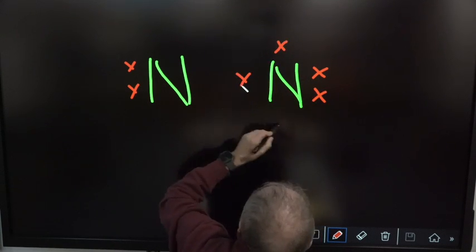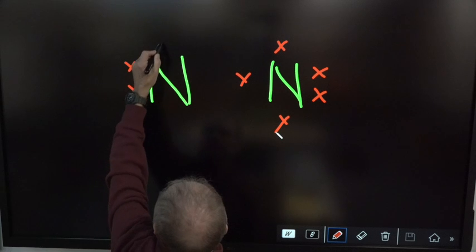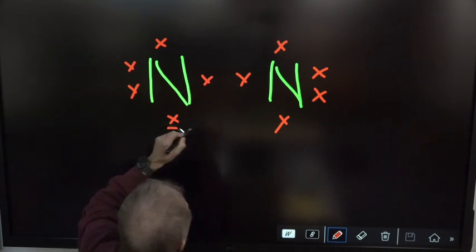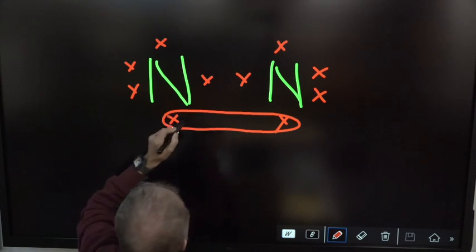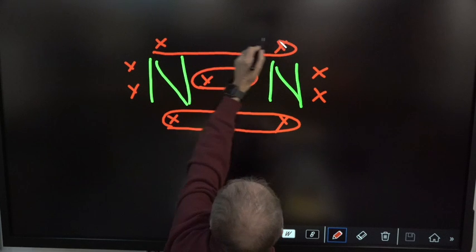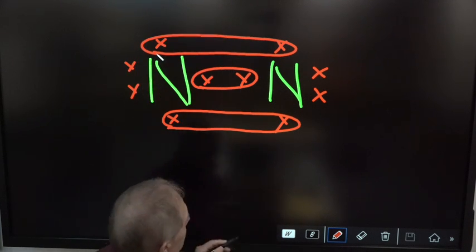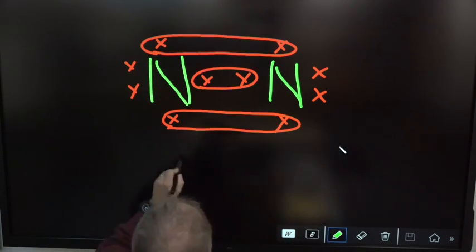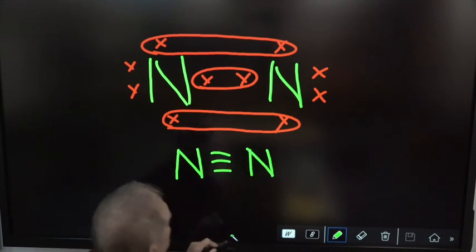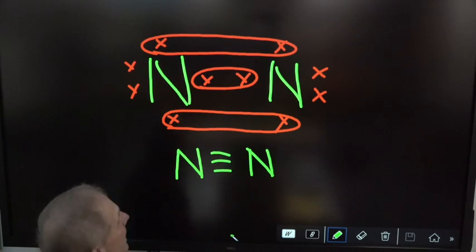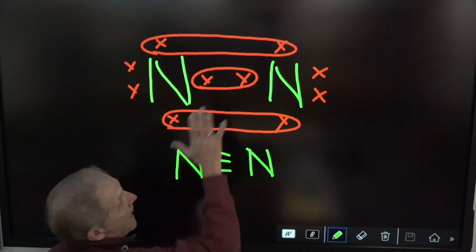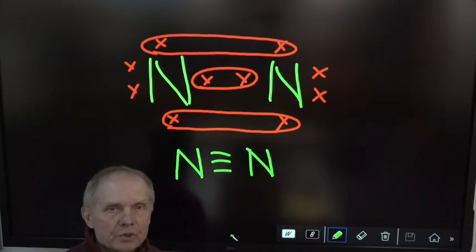Single, single, single. Pair on the outside, single, single, single. So this shared pair is shared equally. So what this looks like is this. N, triple bond N. Remember, one can't pull harder than the other one. So that is a nonpolar bond because it's equal sharing.